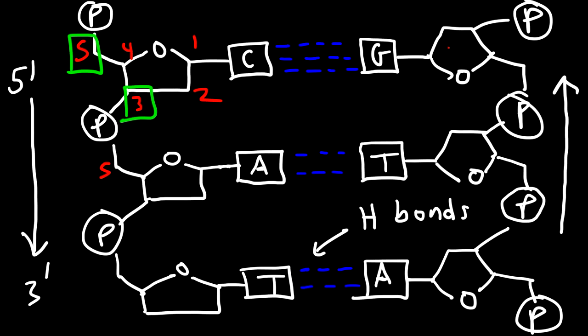So if we focus on the top sugar unit, this is carbon 1, 2, 3, 4, 5. So notice that it's going in the 5 to 3 direction, but in the other way. So thus, these two strands are anti-parallel. They run in opposite directions.